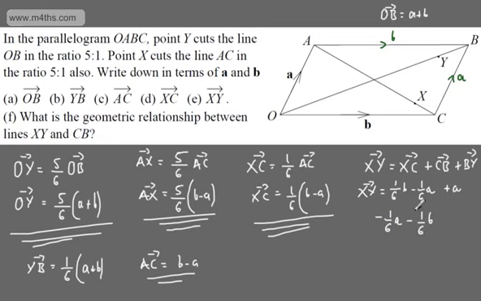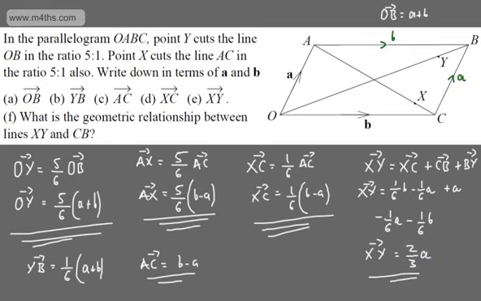Okay, so that's what we have. So what have we got? We've got 1/6 B minus 1/6 B, which is going to be 0. Then minus 1/6 A minus another 1/6 A, which is going to be minus 1/3 A, plus A, which gives me X to Y is going to be A minus 1/3 A, which is equal to 2/3 A. So all I've done is built that up.